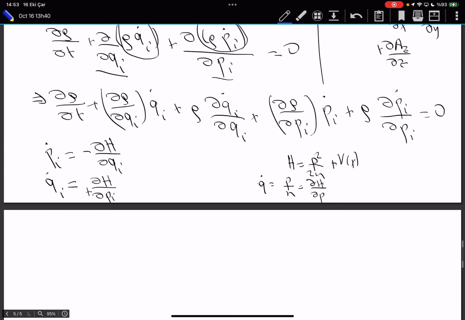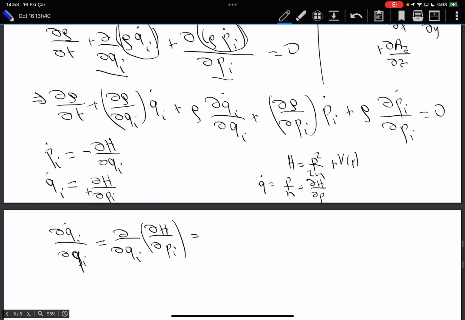Well, let me look at this, the derivative of q_i dot with respect to q_i. That kind of looks the weirdest derivative here. This is equal to del over del q_i of del H over del p_i, but for second derivatives of nice functions, I can change their order.